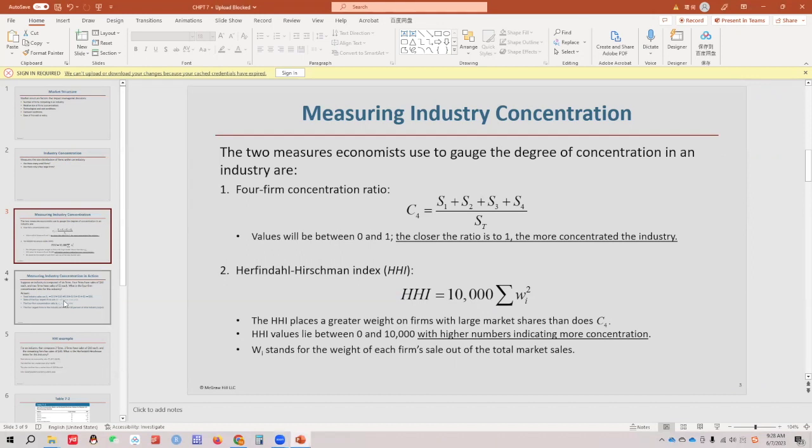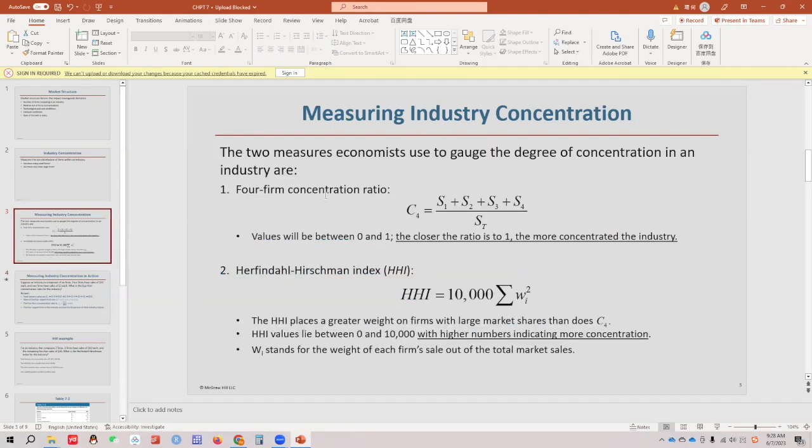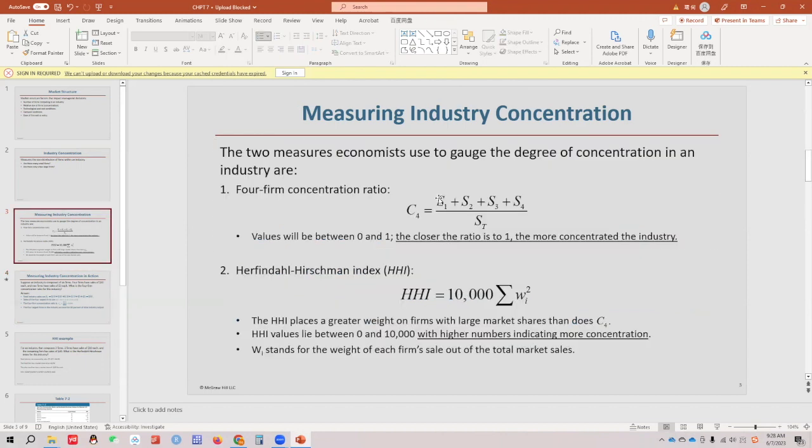Let's look at 2 examples. One is the example of the C4, the 4-firm concentration ratio. Suppose the industry is composed of 6 firms. 4 firms have sales of $10 each, and 2 firms have sales of 5 each. What is the 4-firm concentration ratio for this industry? The 4 leading firms are those.